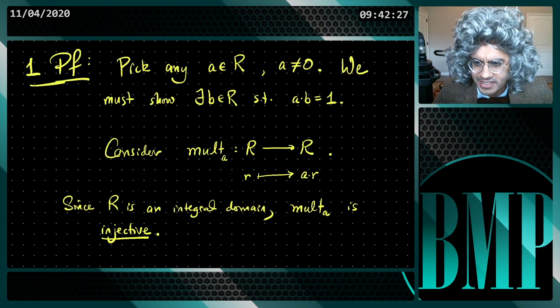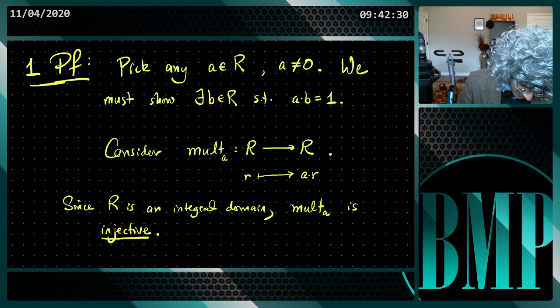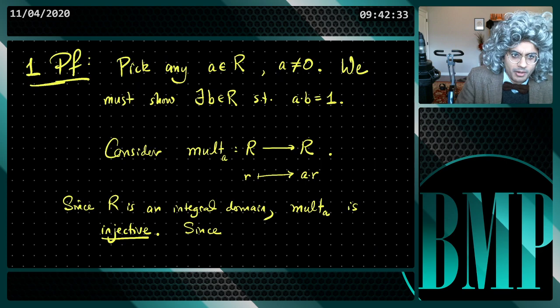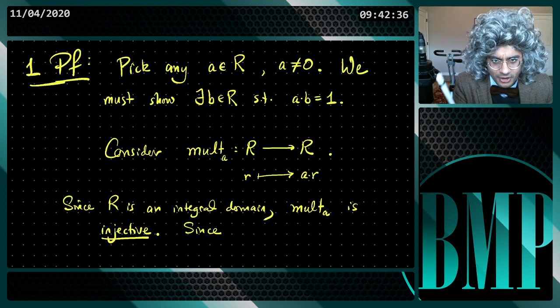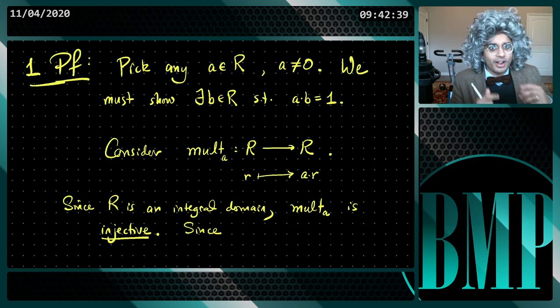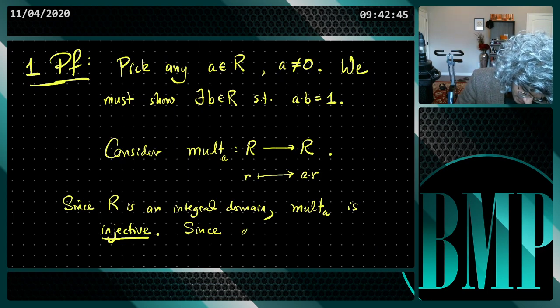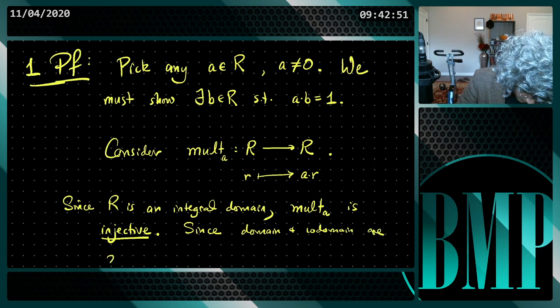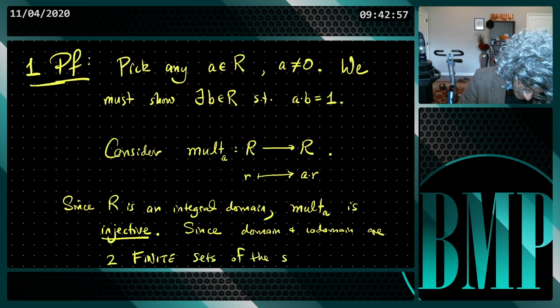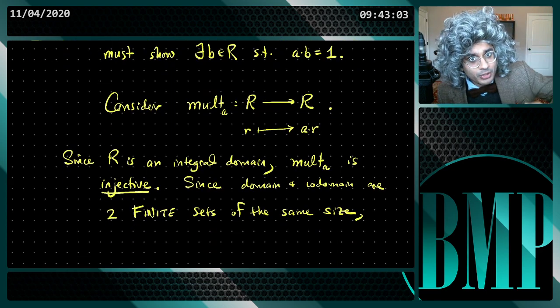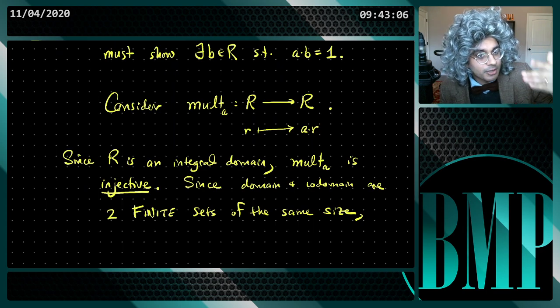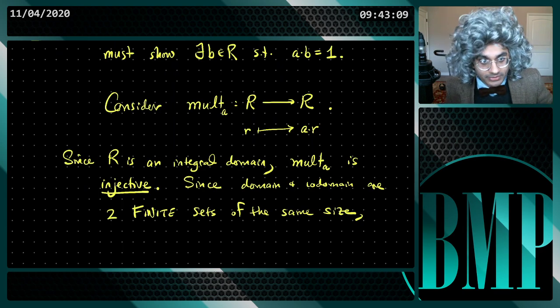And now we have a great situation. Since both the domain and the codomain of multiplication by A are two finite sets of the same size, an injective map between two finite sets of the same size must also be surjective, or bijective.